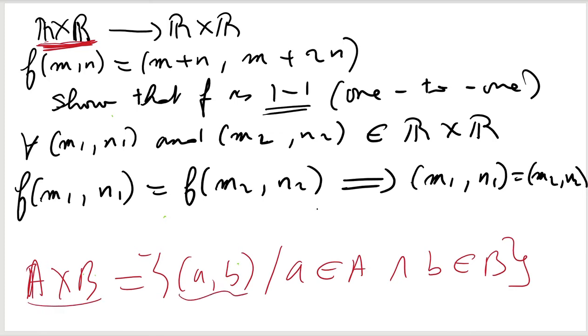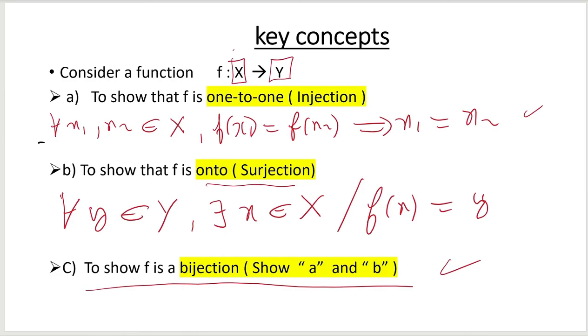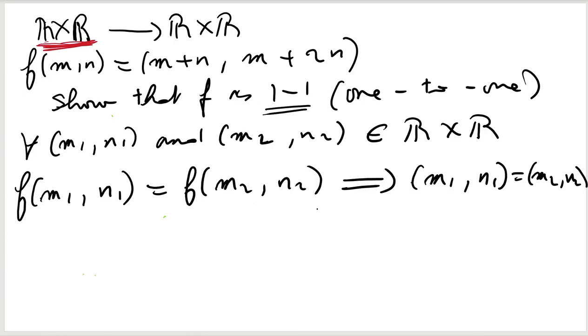So in this case, if you want to refer to this definition of a one-to-one function, x1 and x2 are going to be represented by a pair of elements.